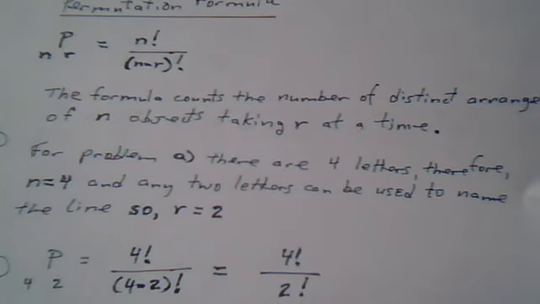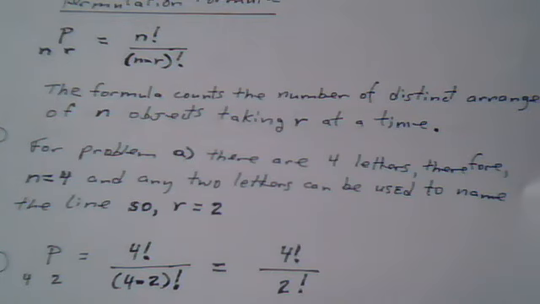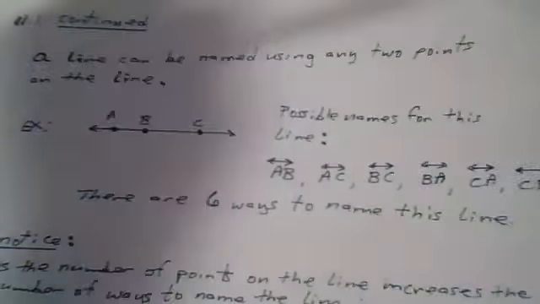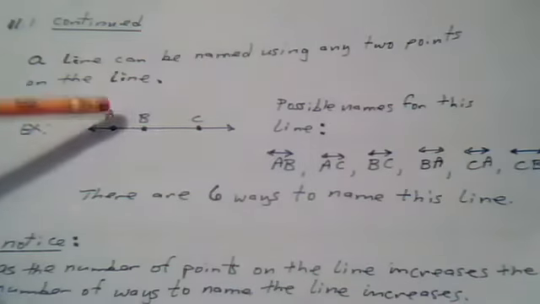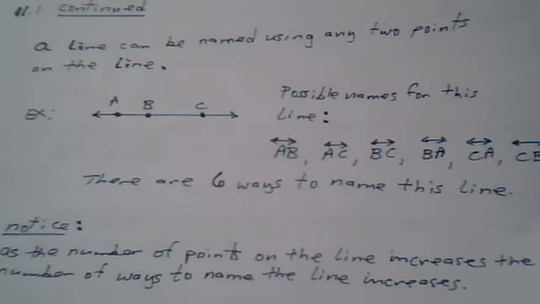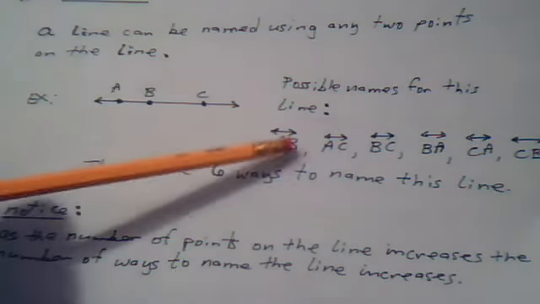The formula counts the number of distinct arrangements of n objects taking r at a time. So for the line we just had, there are 3 objects, 3 points, but we take 2 at a time since we need 2 of the points to name the line. So 3 objects taking 2 at a time.